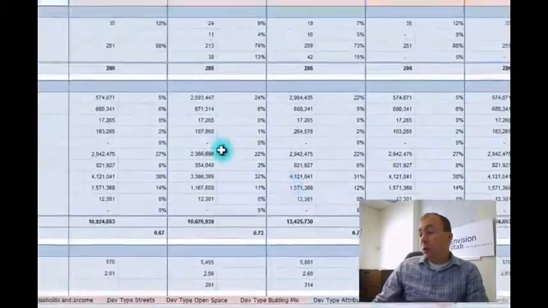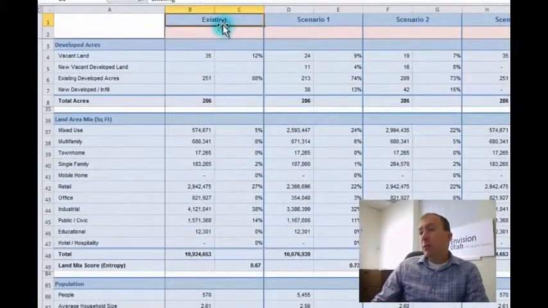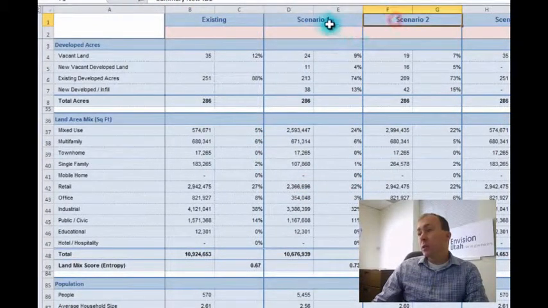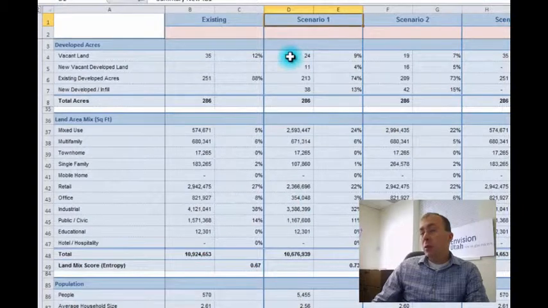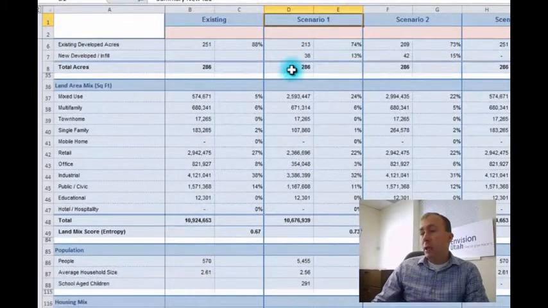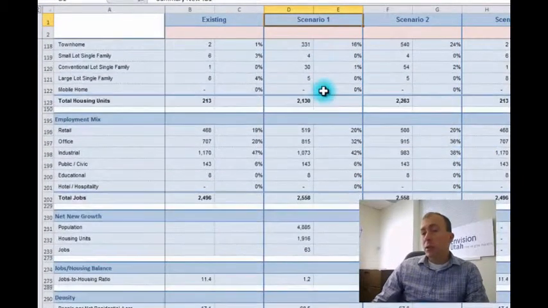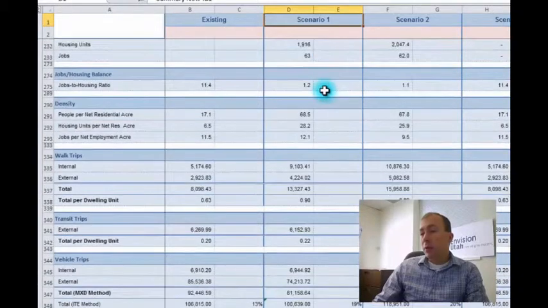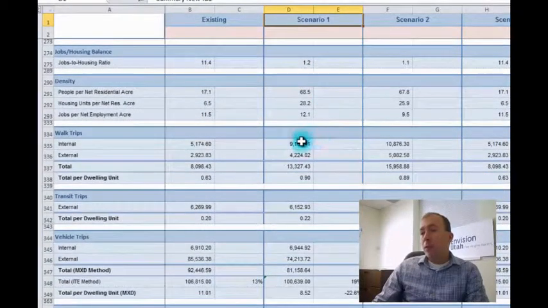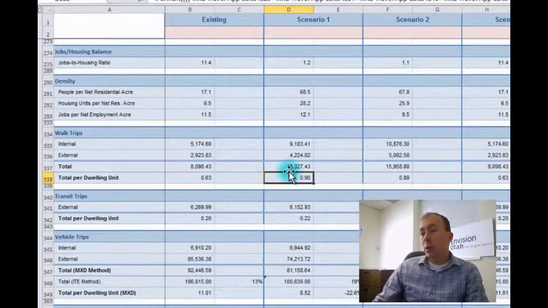The Summary Total, again, takes into account the existing plus whatever we painted in our scenarios, and it goes through many of the same output indicators, but also looks at a few different ones as well. It also gives us a walk trip number in both internal and external and total per dwelling unit.